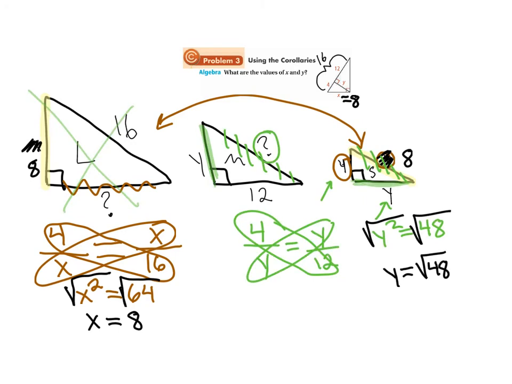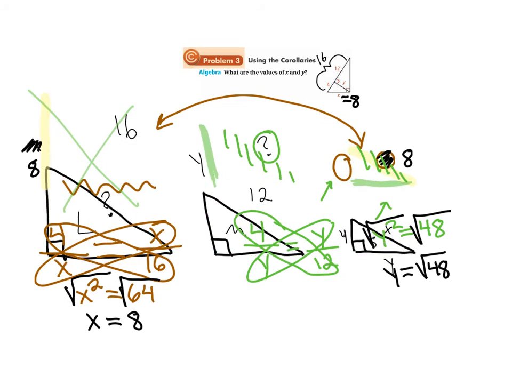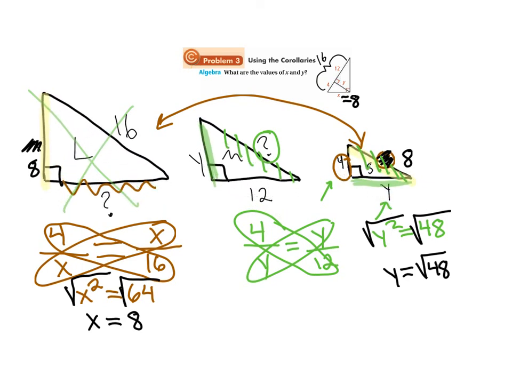So the square root of 48 is not really a perfect square. It's not one you should know off the top of your head. I'll go up in the top corner here. We do know the square root of 49 is 7.